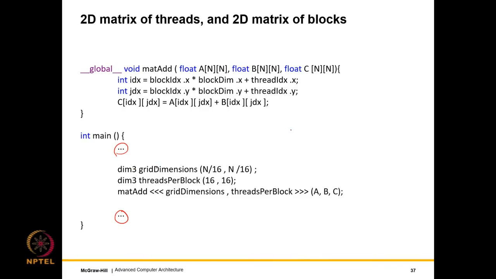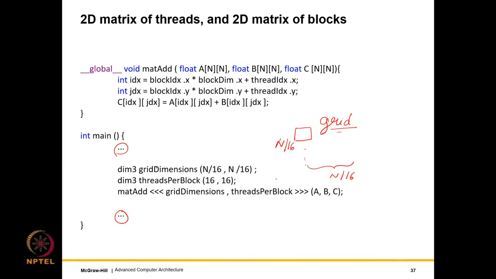The first one is the dimensions of the grid. Because in this case, what we want to do is arrange the thread blocks themselves in a grid, and we want to do it in a 2D grid. So we will have n by 16, where n is a parameter that we have defined earlier. So the dimensions of the grid are n by 16 cross n by 16.